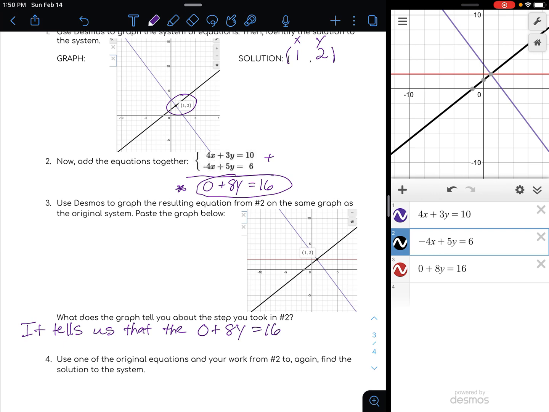So I'm going to say it tells us that the 0 plus 8y equals 16 equation has the same solution, same intersection. Intersection point of 1, 2.